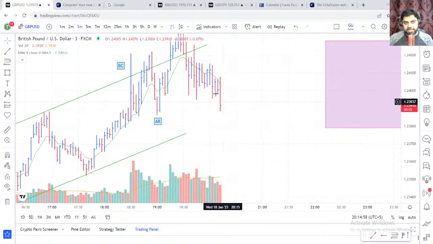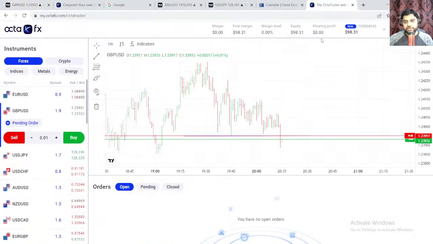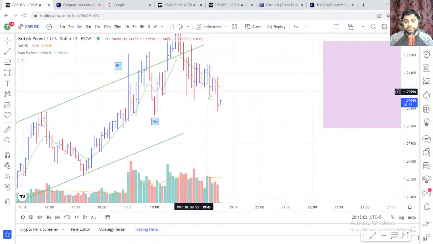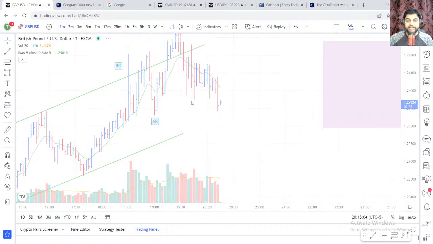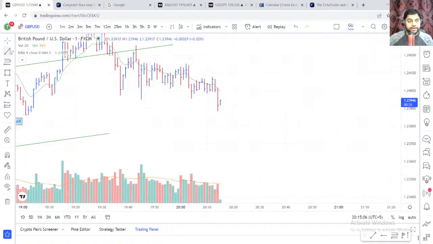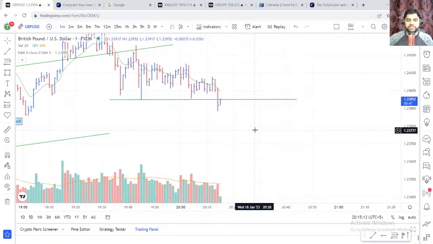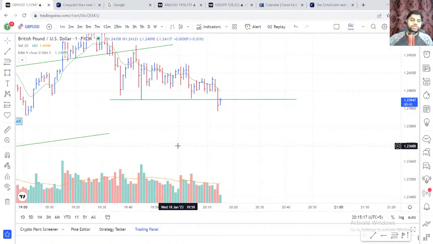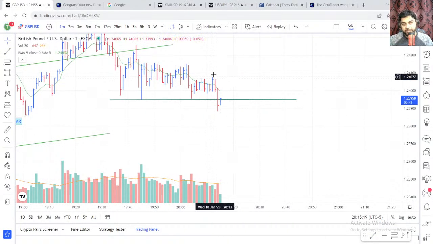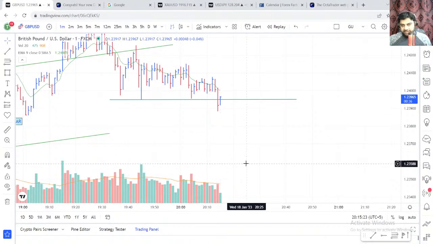Okay, so it's falling now, right? If it's falling, what do we do? What we can do is make a trade in the opposite direction, but only after the market has shown us a testing level. So this is the testing level, isn't it? I want to see that the market comes back up and tests this level and then falls down.